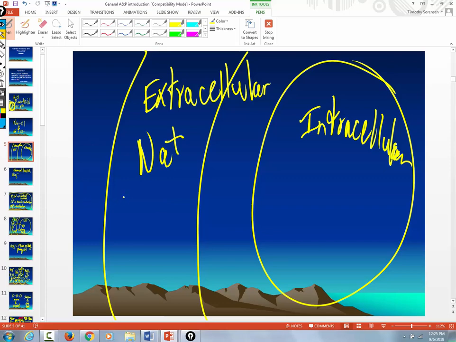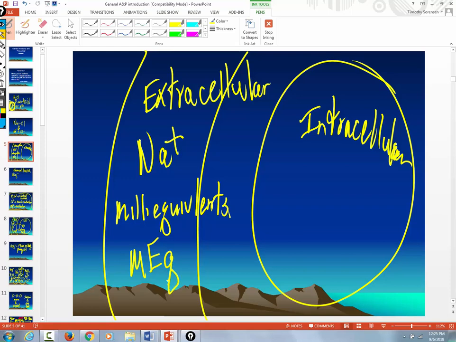When you measure an electrolyte, you will see this because you will be reading labs as a nursing student. They're measured as milliequivalents, abbreviated as MEQ. Have you ever seen that? Anytime you see MEQ, you know that you're dealing with an electrolyte.